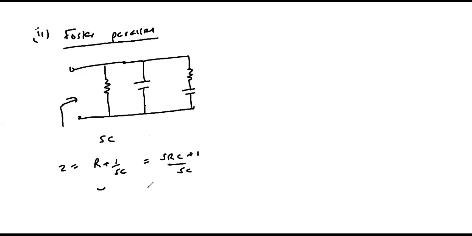That means the admittance will be sC over (sRC plus 1), which we can write as s (1 over R) over (s plus 1 over RC). As you notice, the numerator term will help us determine the resistance, and then from the denominator constant, we can determine the value of the capacitance, having established the value of the resistor.